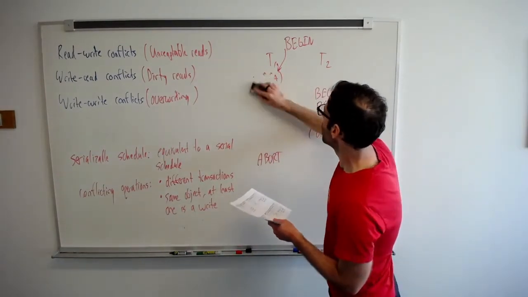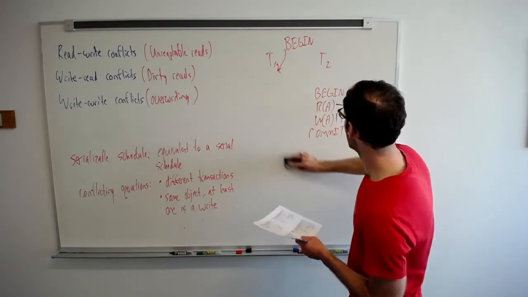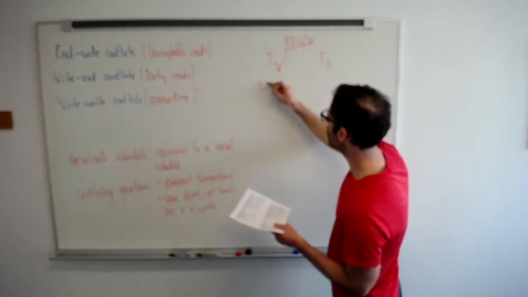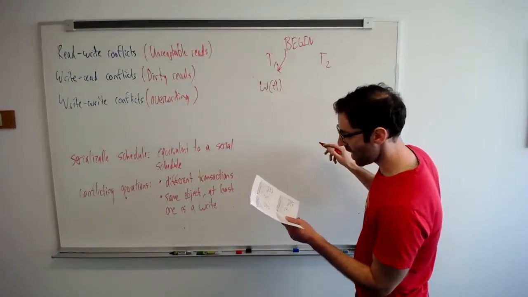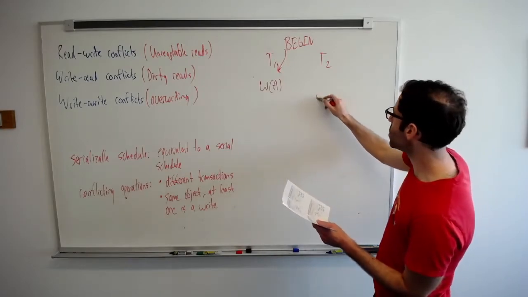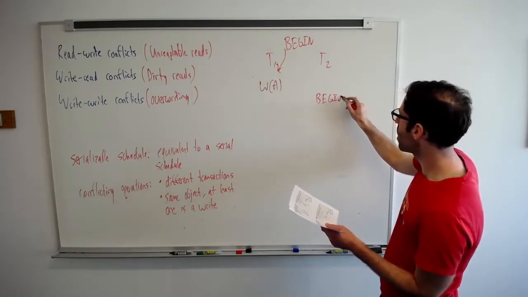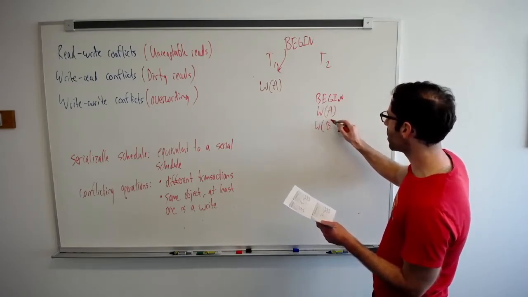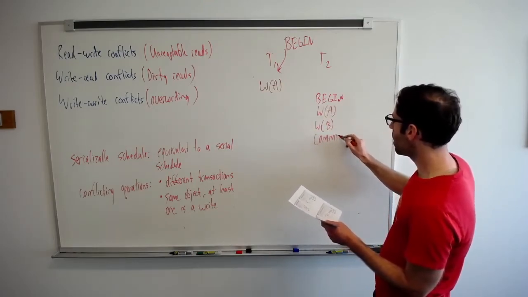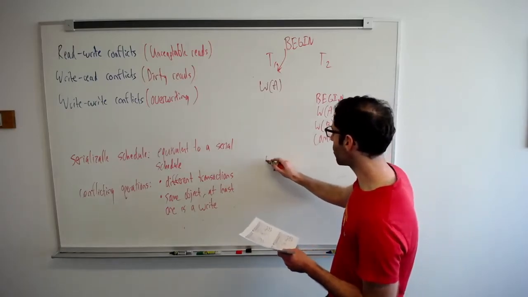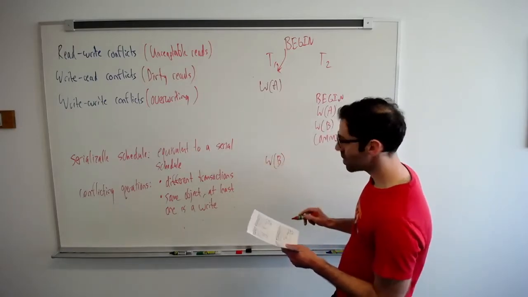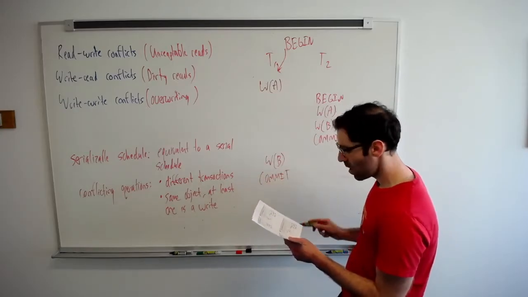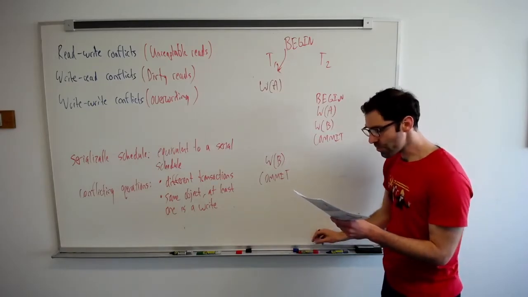So in our final example, T1 writes A, T2 begins, writes A, writes B, and commits, and then later on T1 writes B and commits.